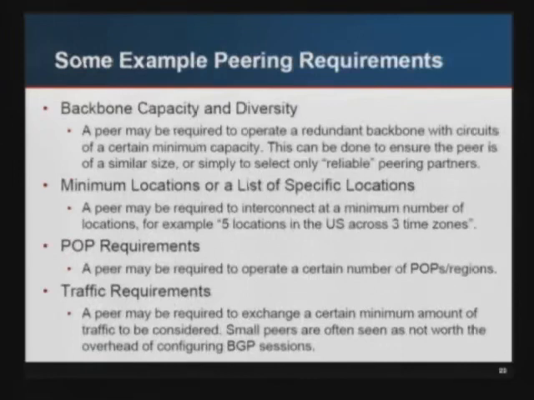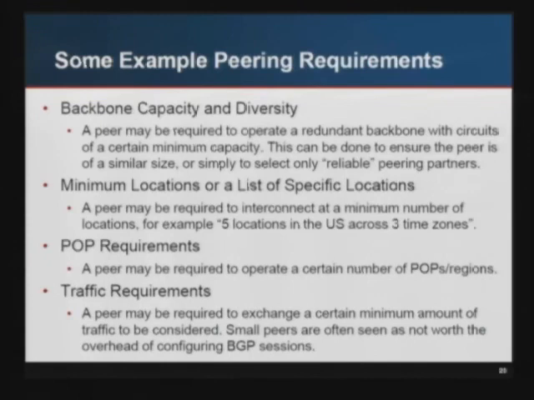So here's some example peering requirements that you'll see in the real world. One of the big ones is backbone capacity and diversity. And this makes a lot of sense purely from a technical perspective. You don't want to peer with a network that is significantly smaller than yours, to the point that they don't have enough capacity to haul the traffic that you're going to send them.